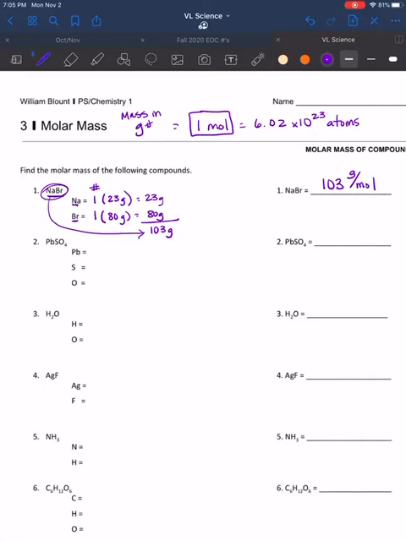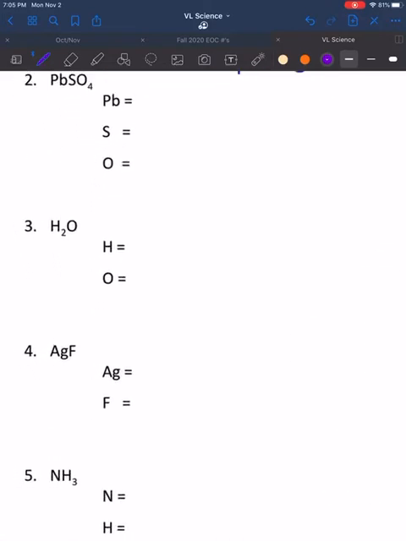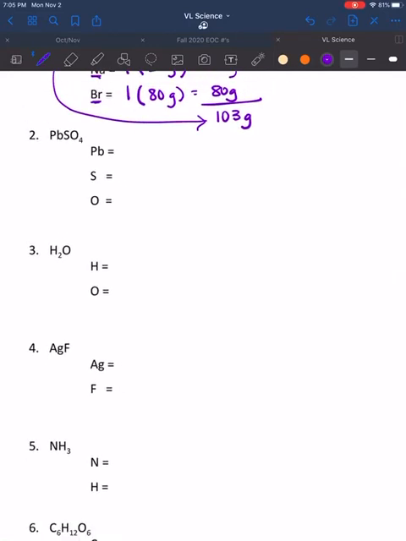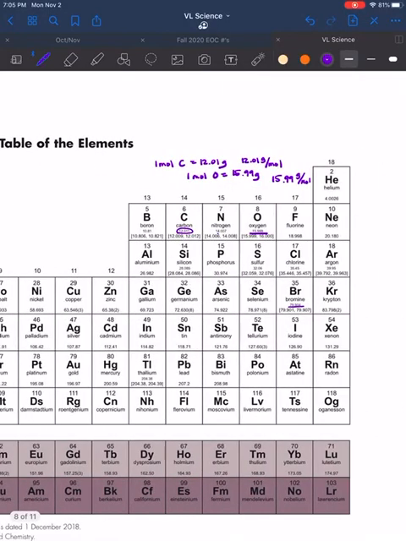Let's look at water right here, H2O. Again, count how many we have. There are 2 hydrogens because of that subscript, but there's only 1 oxygen. And then we would go to our periodic table and we would find the mass of hydrogen off the periodic table. Right?